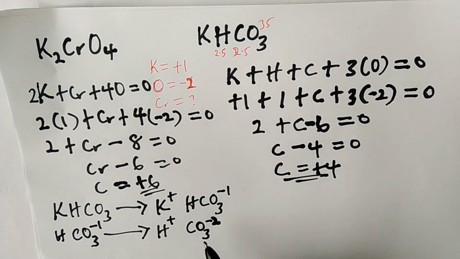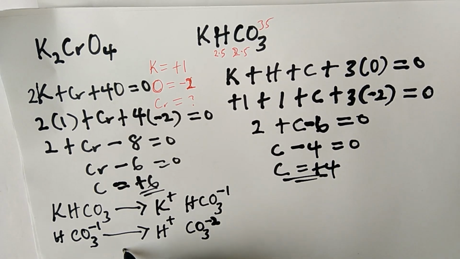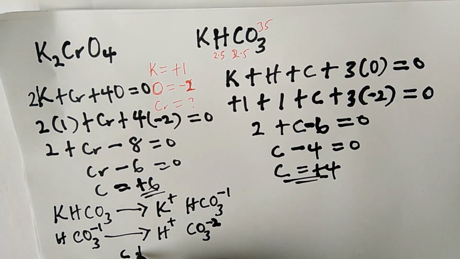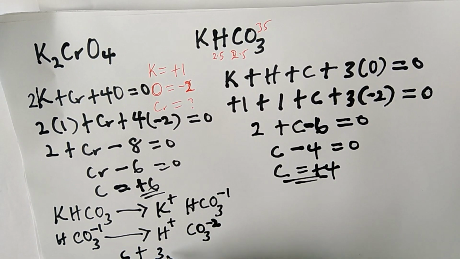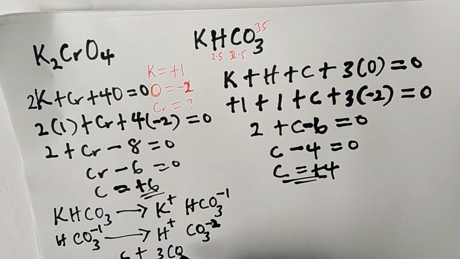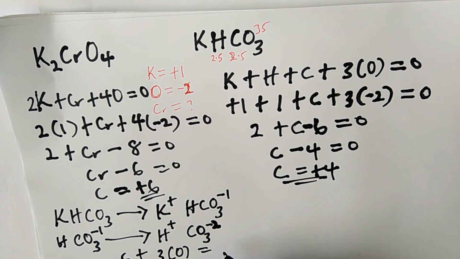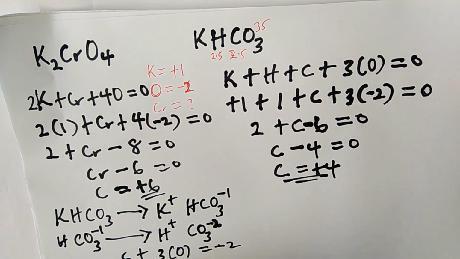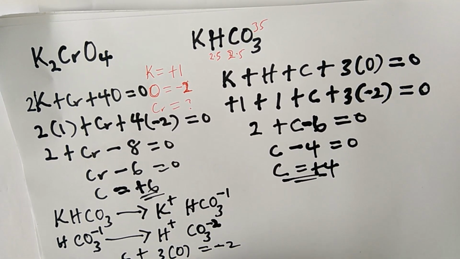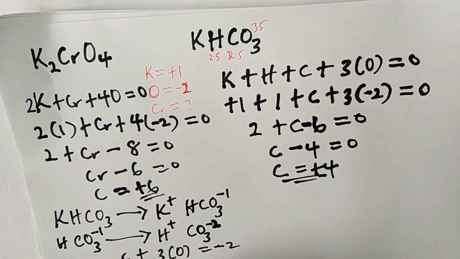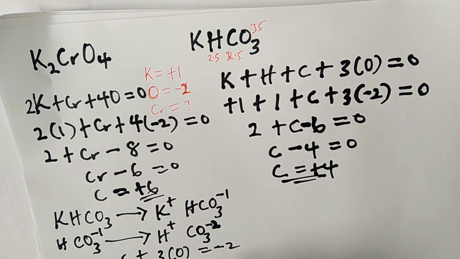Now when you want to solve, you solve for carbon. So you say carbon plus 3 oxygen is equal to minus 2. Carbon plus 3 open bracket minus 2 is equal to minus 2.